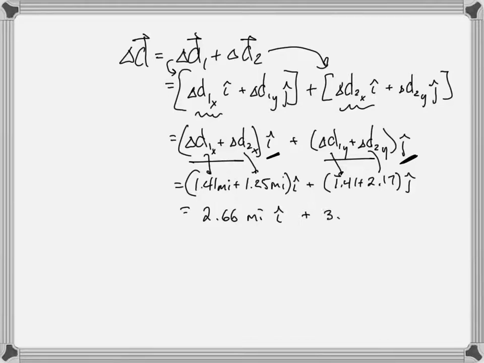I hope I did that sum right. This is the resultant displacement. Ta-da, there you go. I asked, what is the net displacement, or the resultant vector of the bunny with antlers, the jackalope? And there it is.